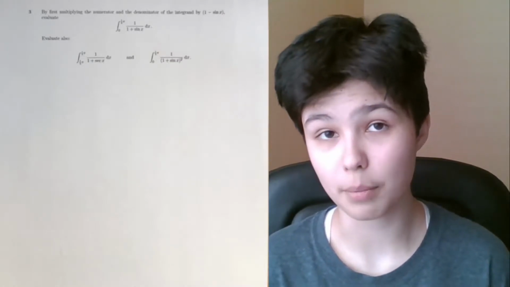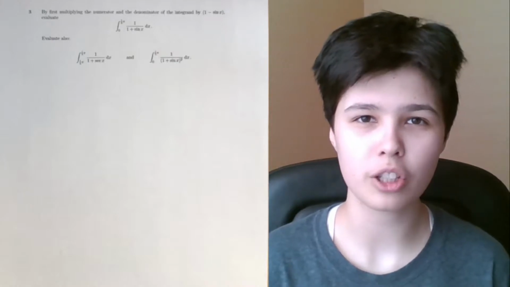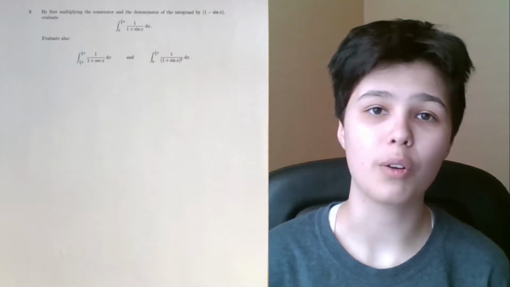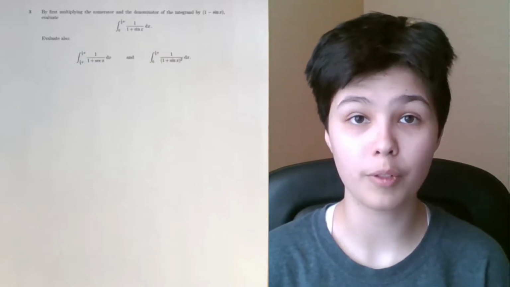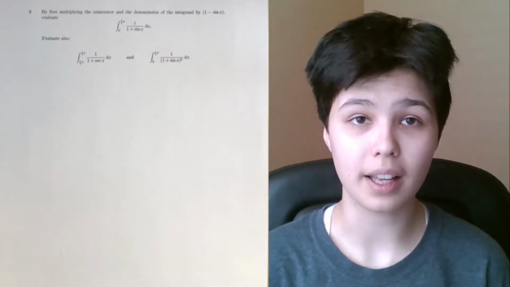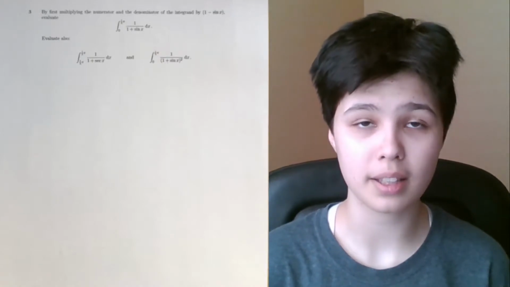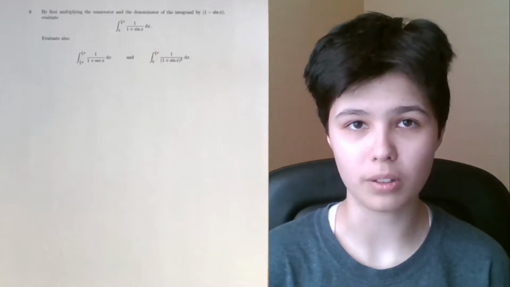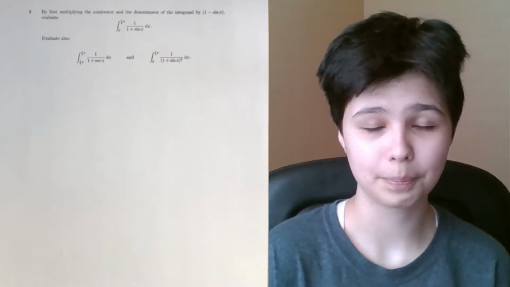Usually, especially in STEP 2 and STEP 3, integration questions are going to introduce you to an easy way of integrating a certain type of function, and then in the second, third, or fourth parts, they're going to ask you to apply this algorithm to something more difficult than you were introduced to at the beginning.